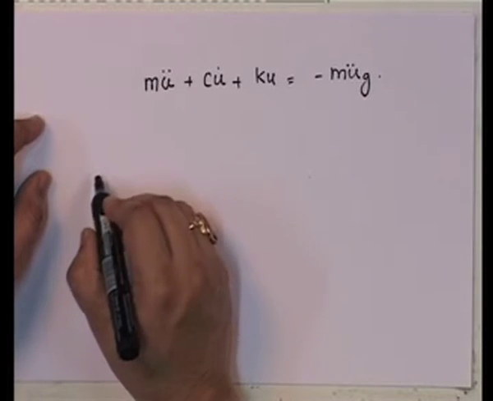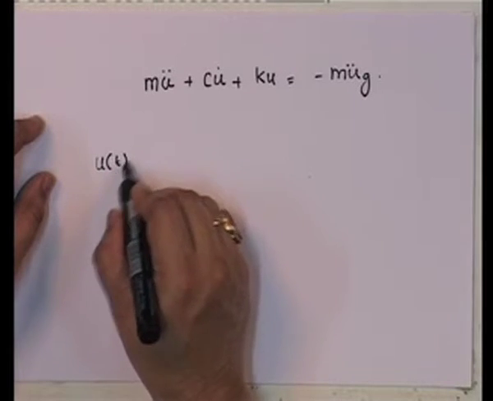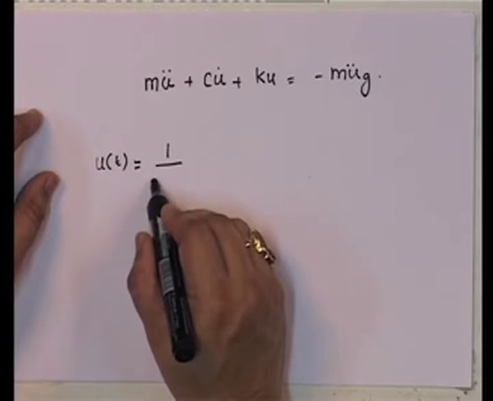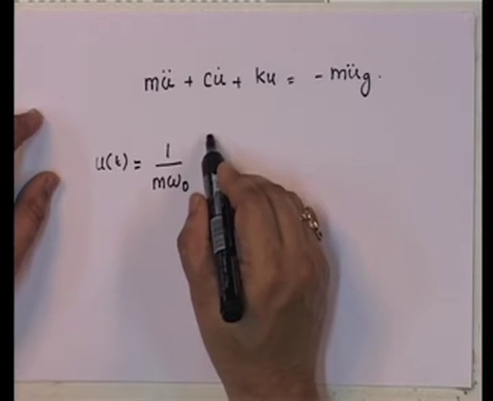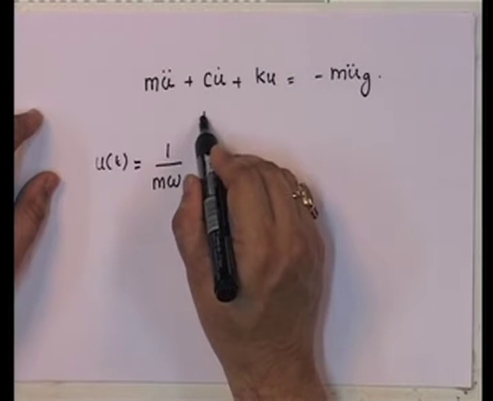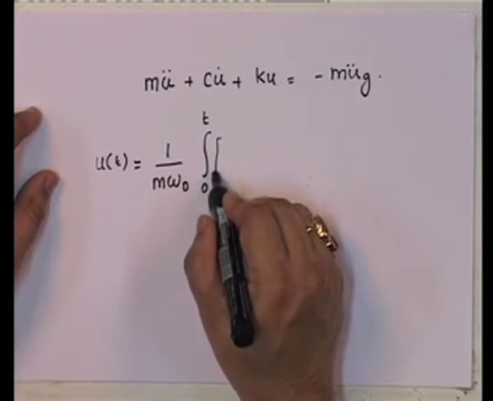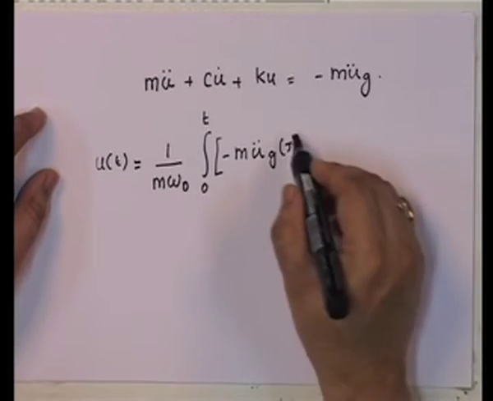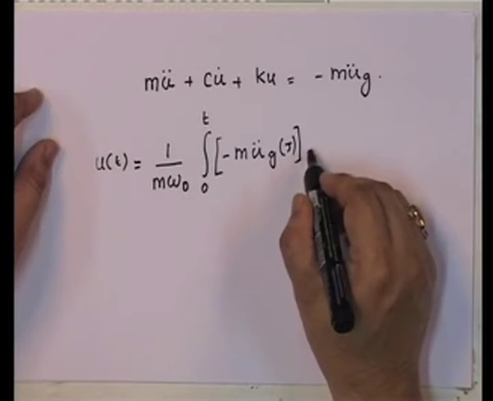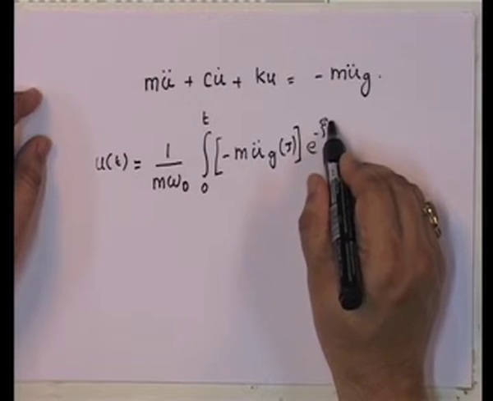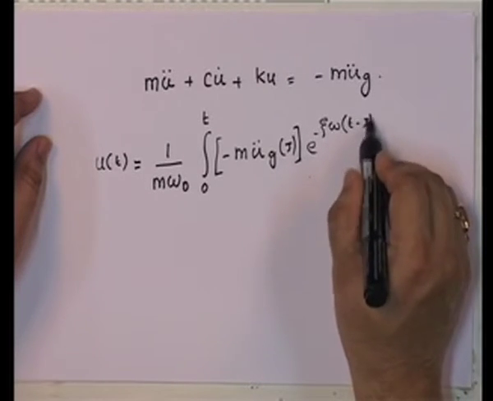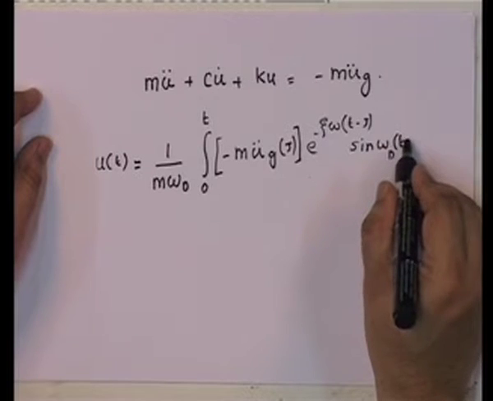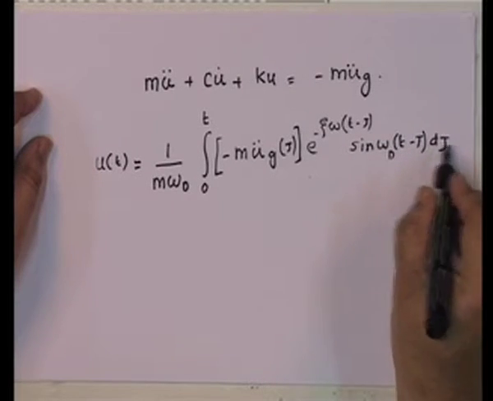Then the solution u of t, by the Duhamel integral approach, is equal to 1 upon m omega d, integral from 0 to t, and the p of t is minus m u g double dot of tau, that is p of tau, into exponential of minus xi omega (t minus tau), sin omega d (t minus tau) d tau.